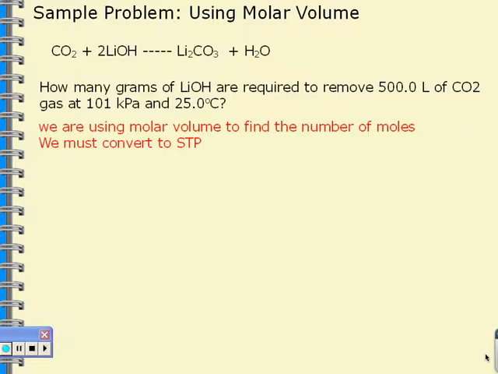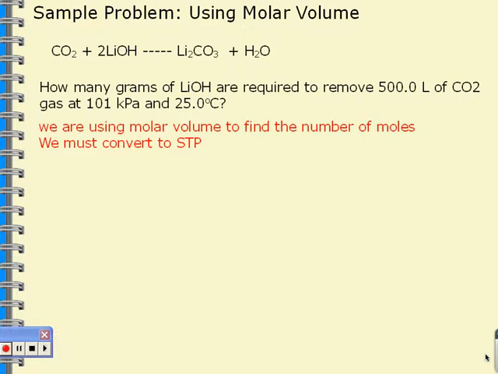Now, sample problem. We have carbon dioxide plus lithium hydroxide yields lithium carbonate plus water. How many grams of lithium hydroxide are required to remove 500 liters of carbon dioxide gas at 101 kPa and 25 degrees Celsius?